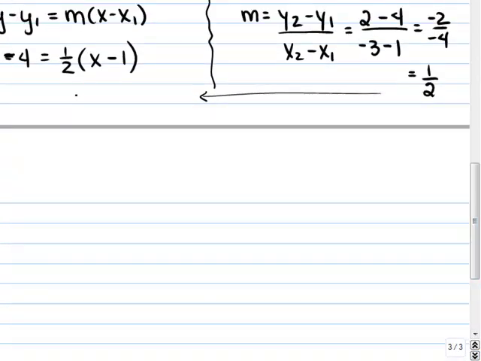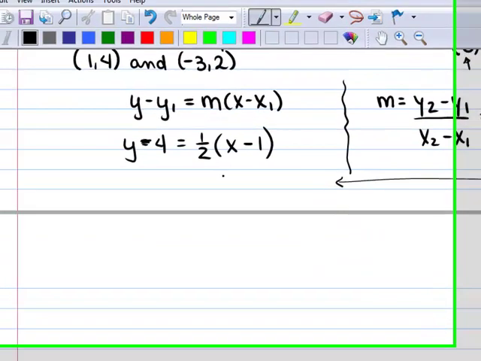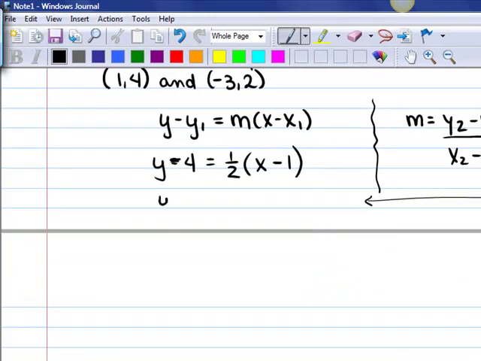So now again, if I want to write my answer in slope-intercept form, I would distribute the 1/2. Okay, so I have 1/2 x minus 1/2. And then add 4 to both sides of the equation.